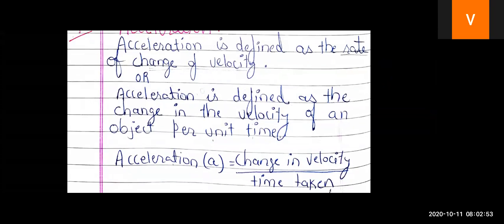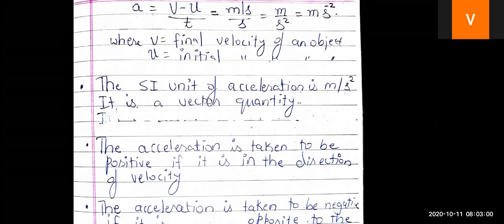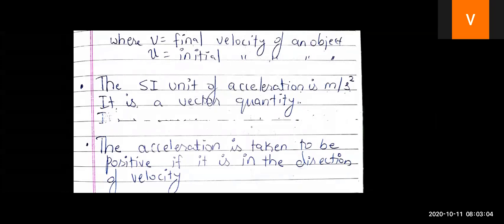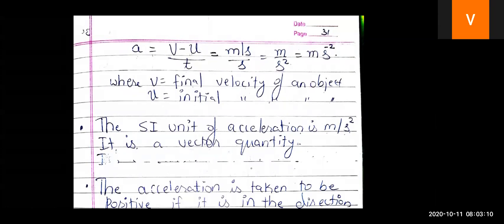Now let's proceed to the SI unit of acceleration. Now, as we know, acceleration is change in velocity, right, children? So change in velocity is final velocity v minus initial velocity u. Change in velocity is what? Final velocity minus initial velocity.